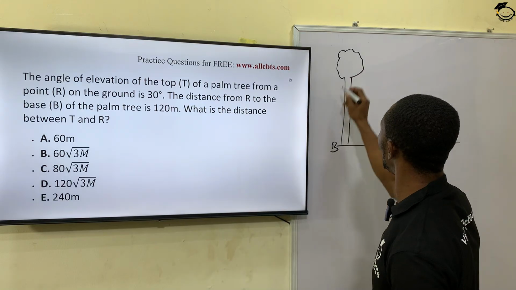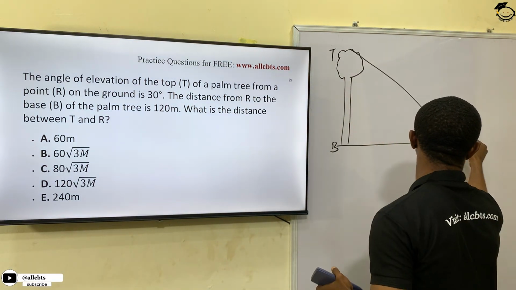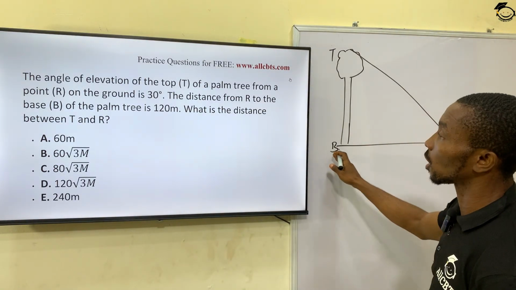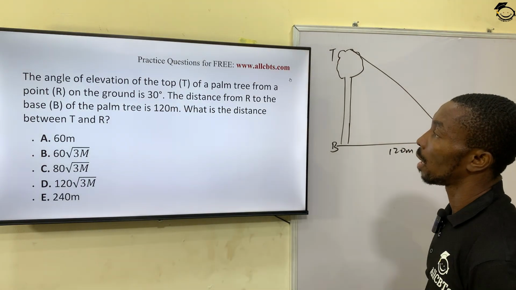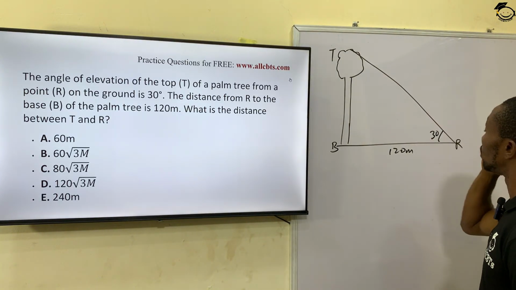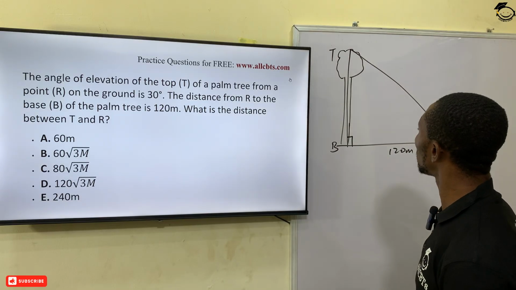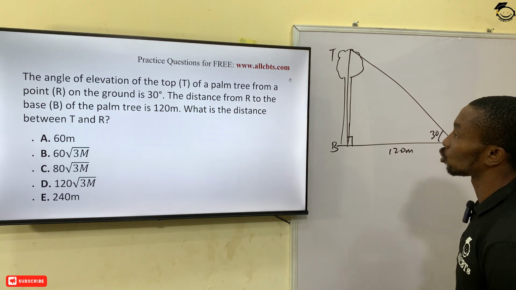Now this is B, base, and this is our T, top, and this is point R. Now they say the distance between B and R is 120 meters, and the angle of elevation is 30 degrees. Now, remember that this forms a 90 degrees to the ground, forming a right angled triangle.